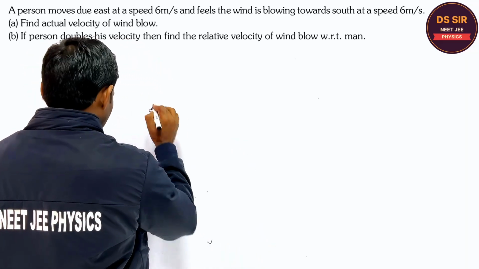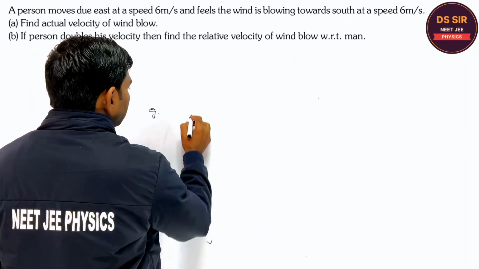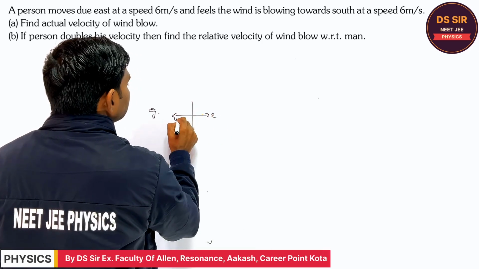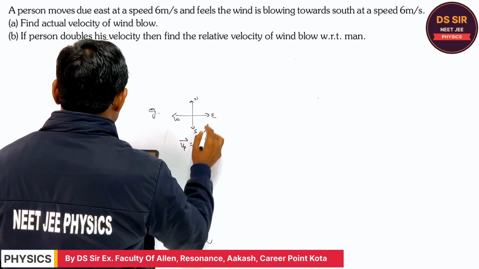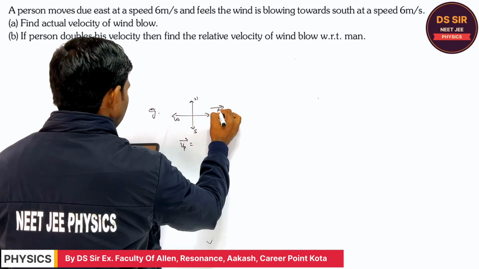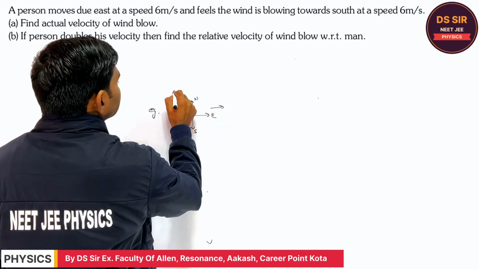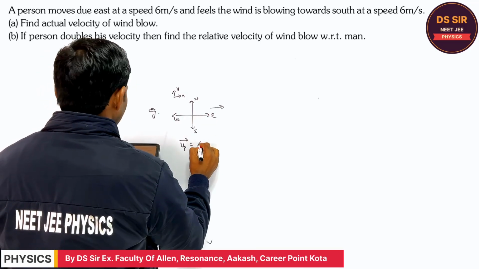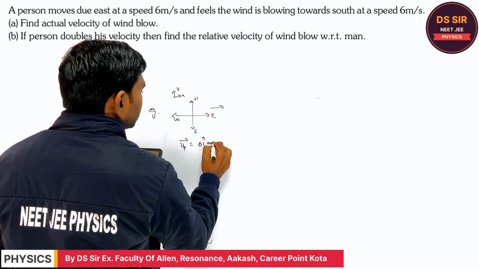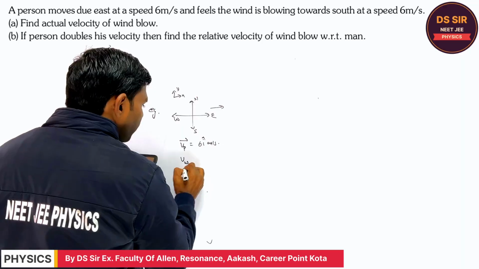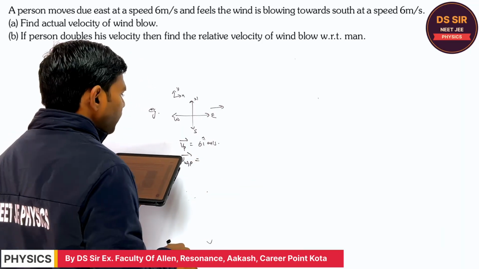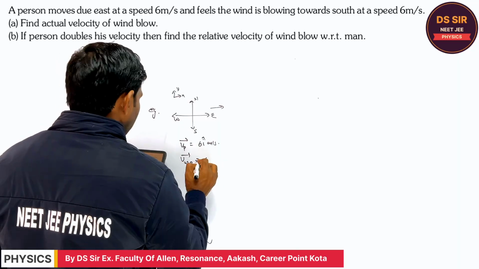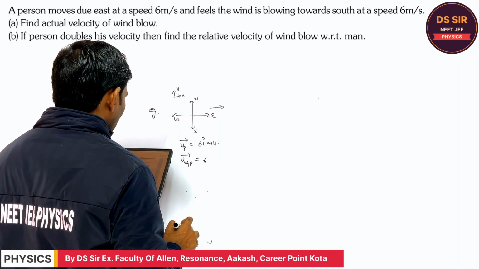So in this question, listen, suppose this is east, west, north, south. The velocity of the person is towards east, so I assume this is the x-axis and y-axis. The person's velocity is 6 i cap meter per second, and the velocity of the wind with respect to the person is given. He feels the wind flows at 6 meter per second towards south.